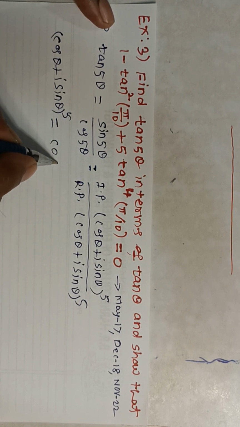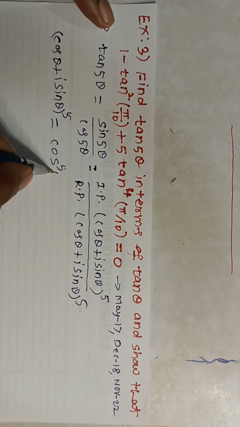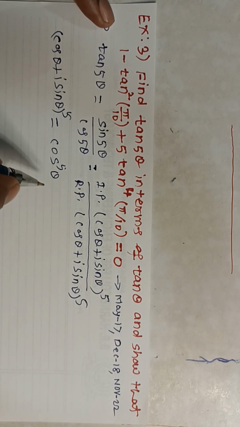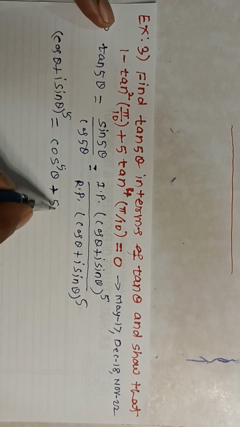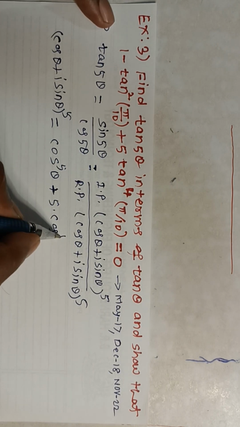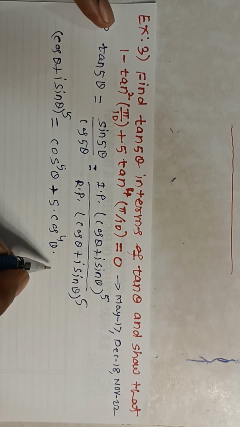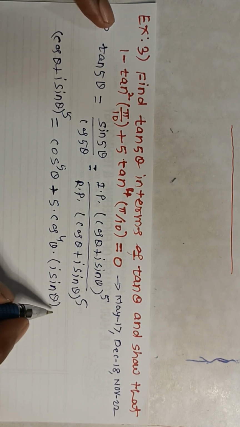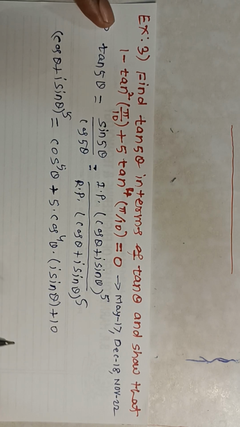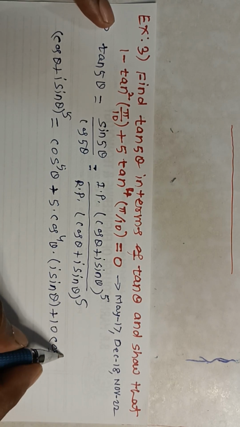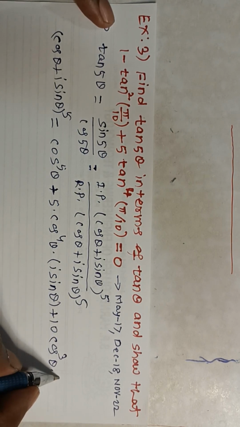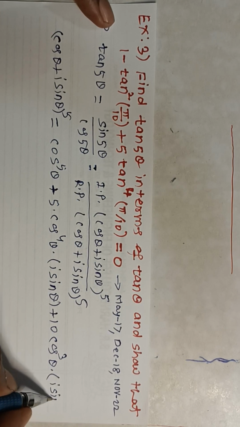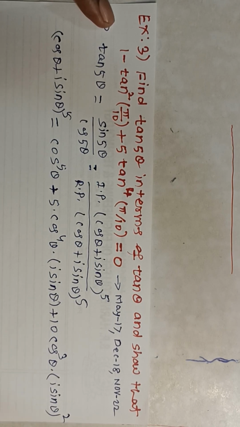So this is equal to fifth power of cos theta, plus 5 times fourth power of cos theta into i sin theta, plus 10 times cos cube theta into (i sin theta) squared.